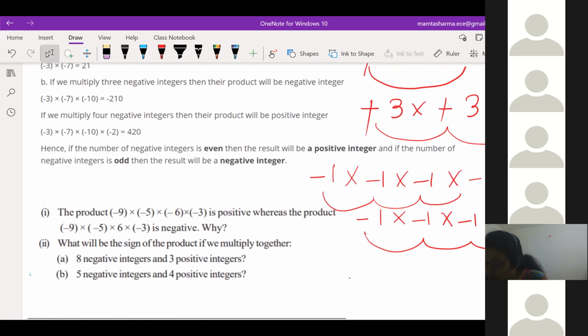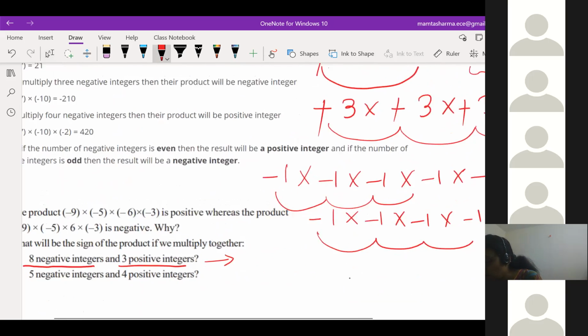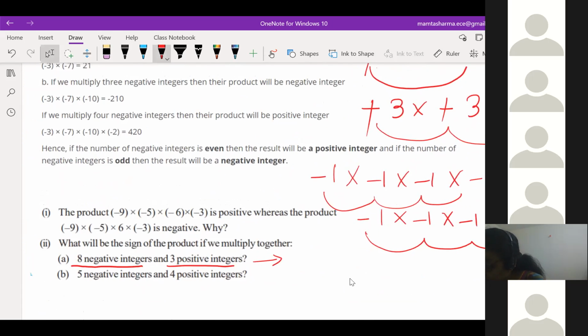Now tell me, if I multiply 8 negative integers and 3 positive integers, what would be the sign in the result? It will be plus or minus? Plus. And if I multiply 5 negative numbers and 4 positive numbers, then the sign of the result is negative.